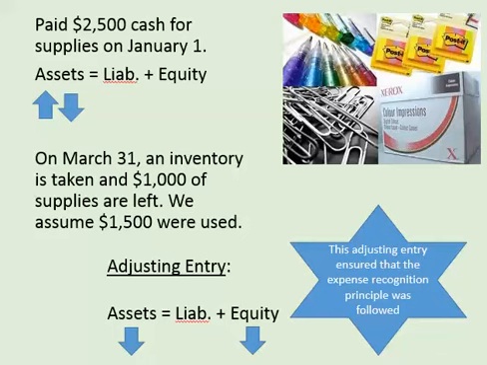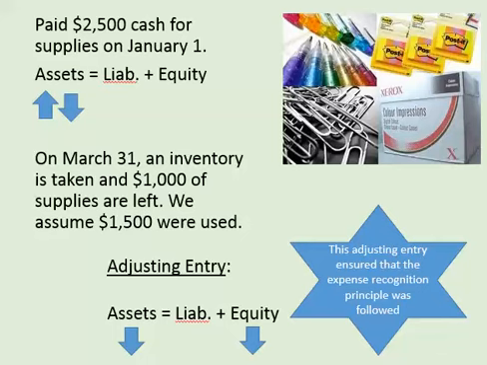So we want to recognize the supplies expense because we've incurred that expense in the first 3 months, and so we need to recognize it. We also need to reduce the amount in our asset account, the supplies account, because right now it shows we have $2,500 worth of supplies, when in fact we only have $1,000 worth of supplies.